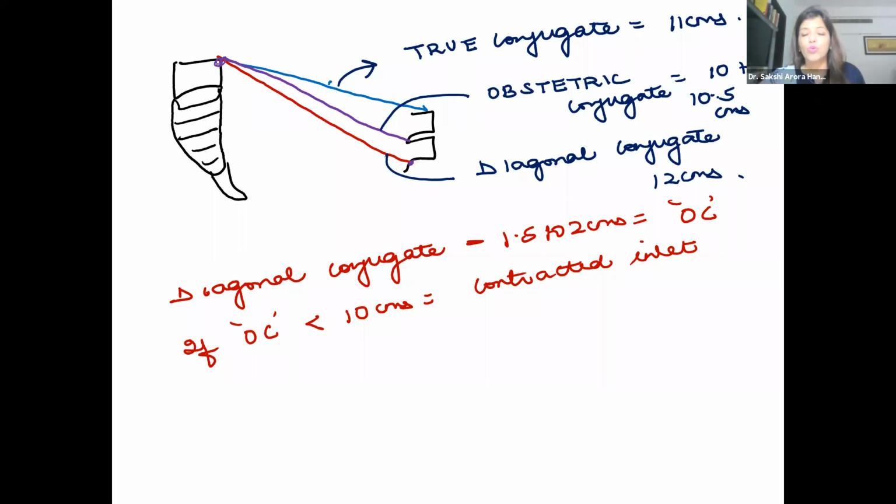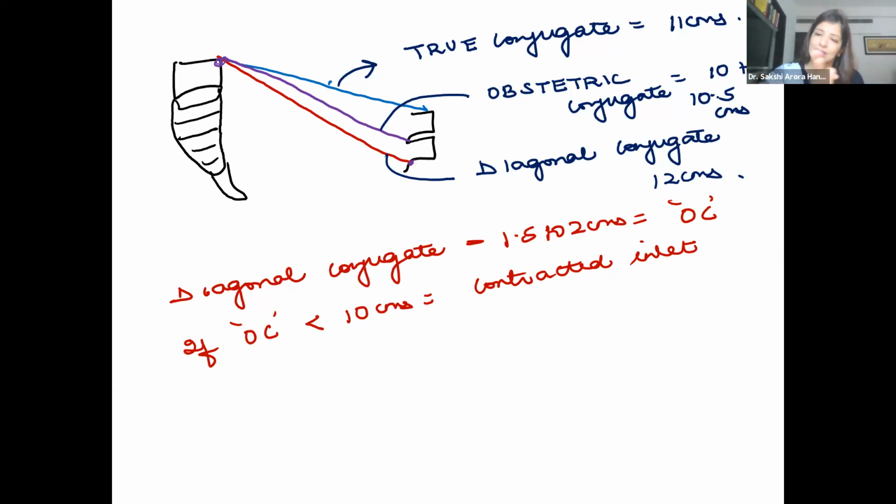Now, whenever you measure the diagonal conjugate, you have to subtract 1.5 to 2 centimeters from it to get the value of obstetrical conjugate. Why do we need the value of obstetrical conjugate? Because obstetrical conjugate is the smallest AP diameter amongst these 3. So if the head of the fetus can pass through the obstetrical conjugate, obviously it can pass through the other 2 as well.